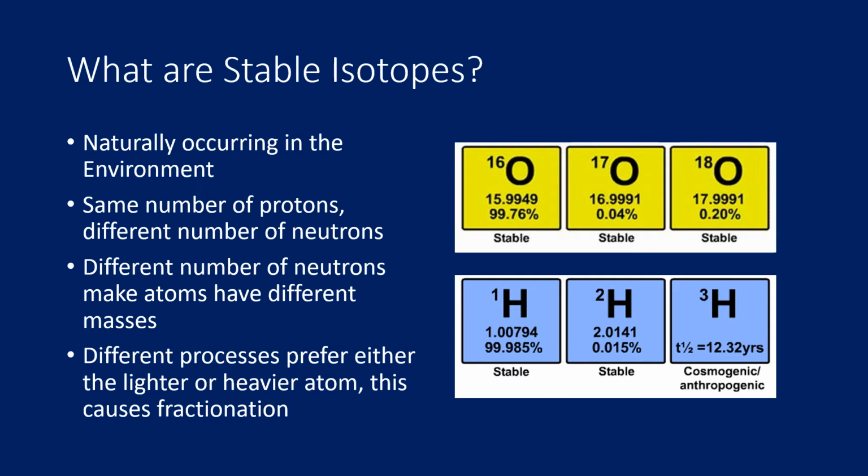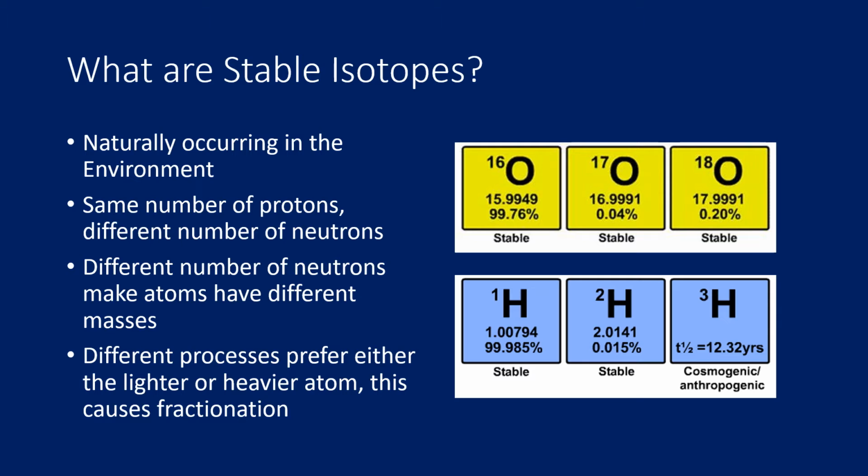Since there are different amounts of neutrons in each isotope, each will have a different mass. So oxygen-16 will be lighter than oxygen-17 or oxygen-18, and hydrogen-1 will be lighter than deuterium.